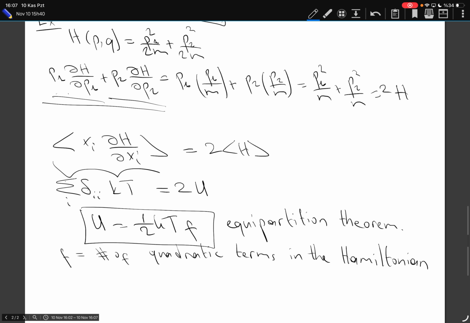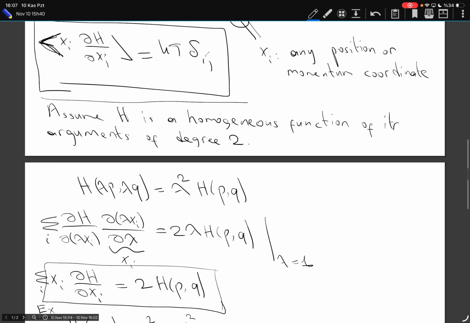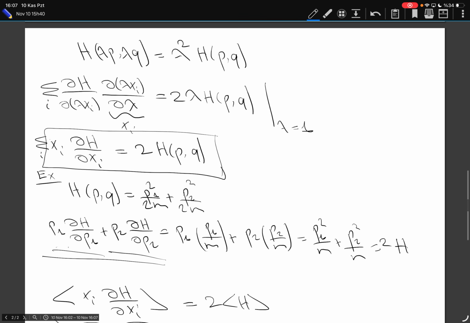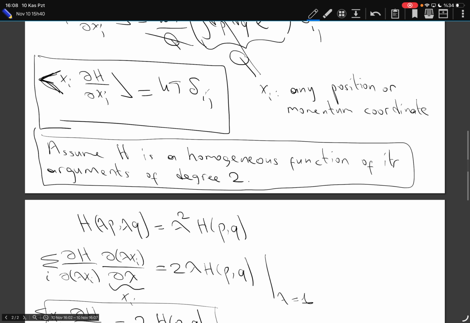Okay, for the equipartition theorem to hold, keep in mind that this condition should be satisfied: only if we have terms that are squares of momenta and coordinates, or products of one momentum and one coordinate. Even in that case, the Hamiltonian stays a homogeneous function of degree 2.